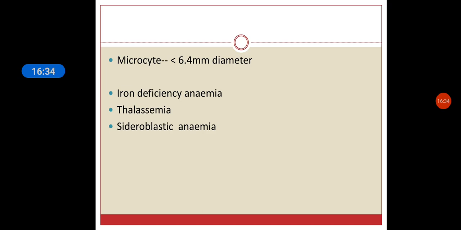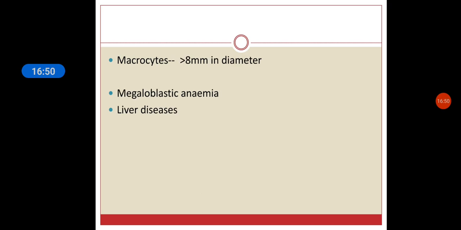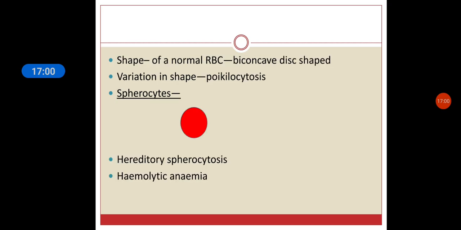If you're finding target cells, you can still think of thalassemia. If you're finding multiple polys, multiple reticulocytes, you can think of sideroblastic anemia. So from a smear you will get so many clues. If macrocytic, you can think of megaloblastic anemia or any case of liver disease.